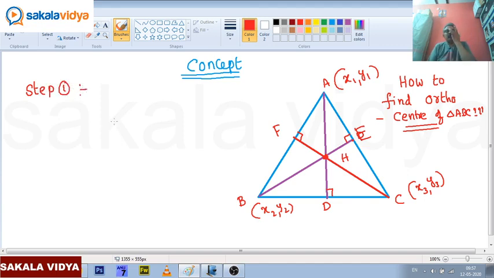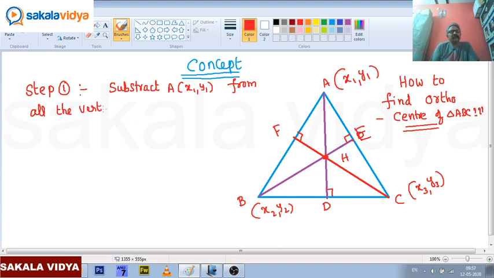So step 1, subtract a(x1, y1) from all the vertices A, B and C. Now we get this form.